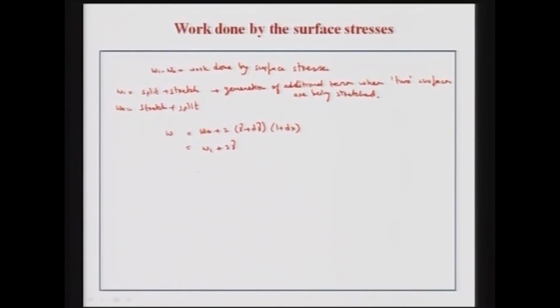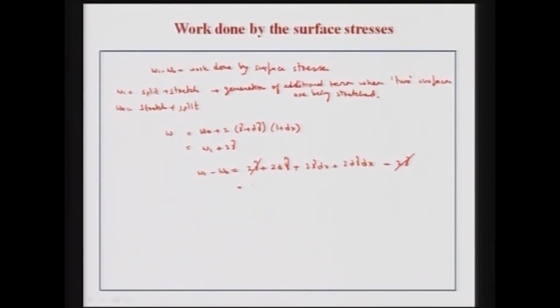So now W1 minus W naught will equal 2 gamma plus 2 d gamma, and this term also equals the work done by the surface stresses.